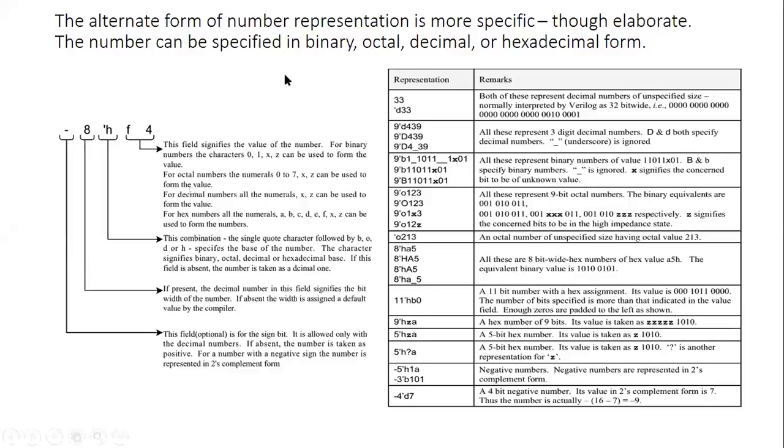The next part, the tick, represents which format you are representing. H represents hexadecimal, D represents decimal, B represents binary and O represents octal. F4 represents your number. So 8 tick H F4 means F4 is 8 bits in size and it is a hexadecimal number.